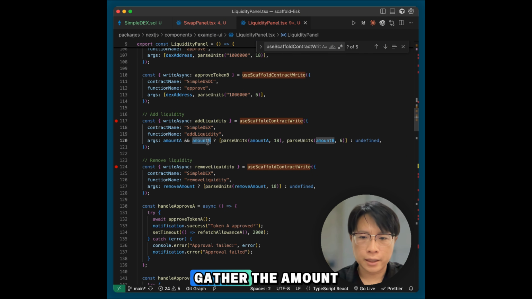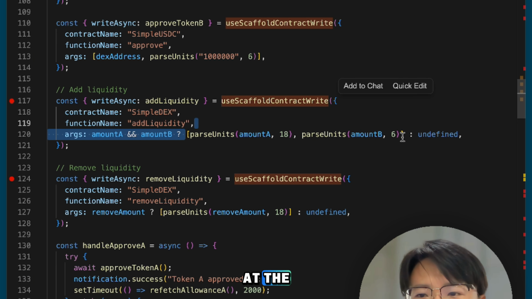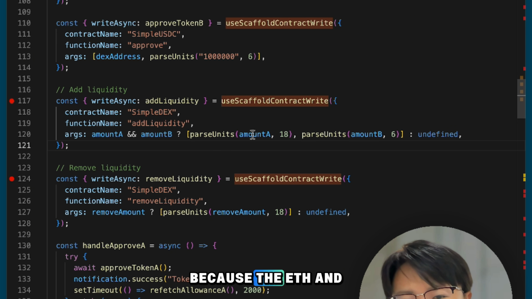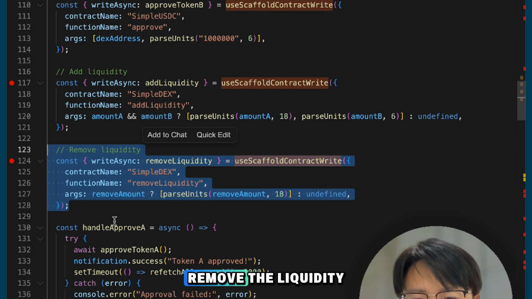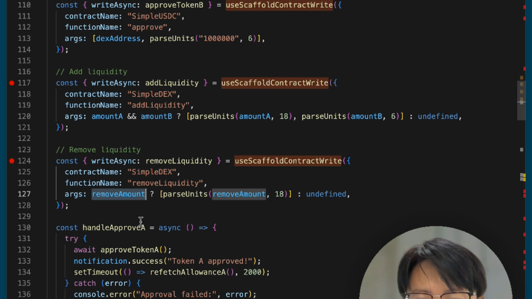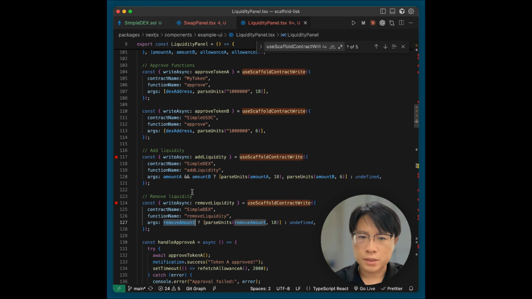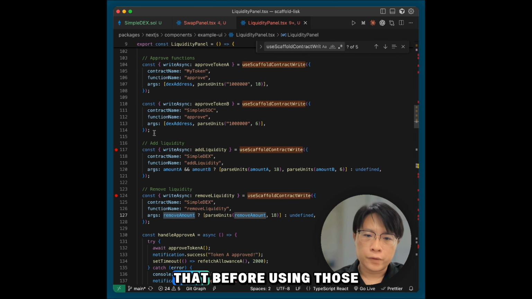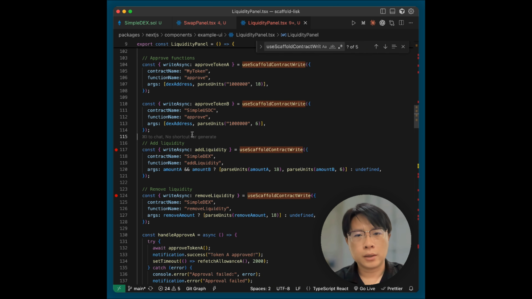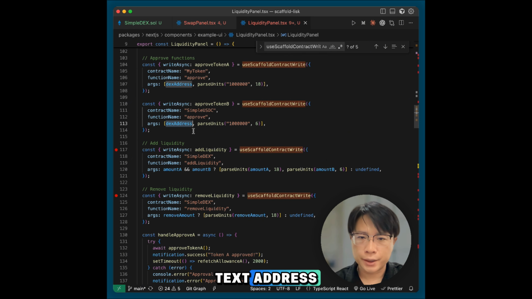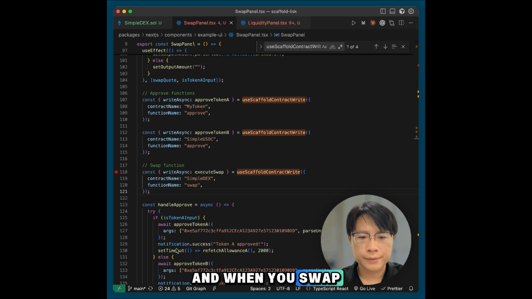This is where we gather the amount, and make sure to take a deeper look at the token decimals, because ETH and USDC have different decimals. Then we can remove liquidity by inputting the amount of liquidity provided. Just a little notice that before using those write functions, make sure you have approved the amount to the DEX address, and the same goes for liquidity shares and when you swap.